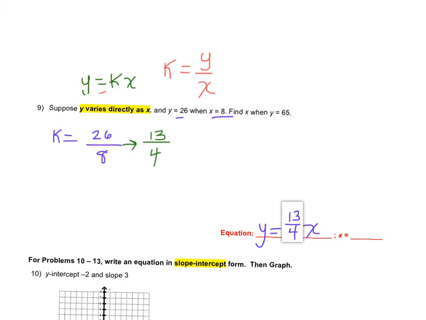Now the next question, second part: find the value of x when y is 65. What do I do? Just replace with 65. Yeah, so let's do that. So y equals k times x. How do I solve for x?